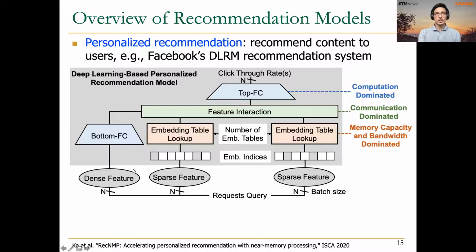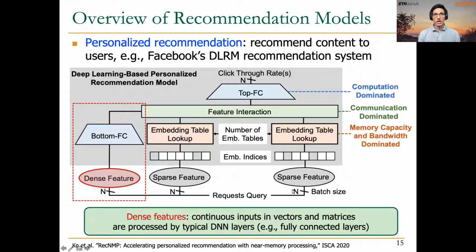As you can see, there are some dense features and some sparse features as well. We are going to see how these different types of features are handled based on the queries that are received. In principle, we can work on multiple queries at the same time by increasing this batch size.